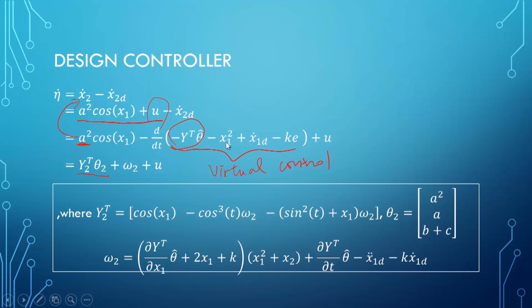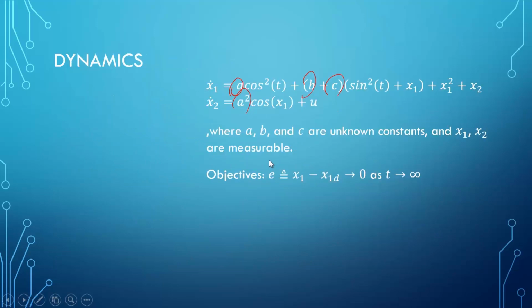Here is x1 squared, because x1 is the first system, right? And x1 dot contains the unknown constant a. So when you take the time derivative on this part, that gives you 2x1 and x1 dot, and these parts contain the unknown constants.